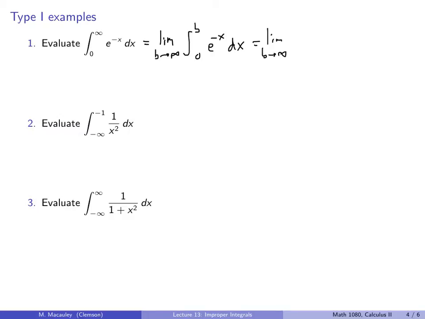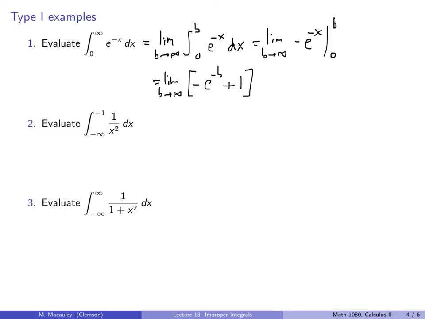So the integral is negative e to the negative x from 0 up to b. So this becomes the limit as b goes to infinity of negative e to the negative b minus negative e to the 0, which is 1.